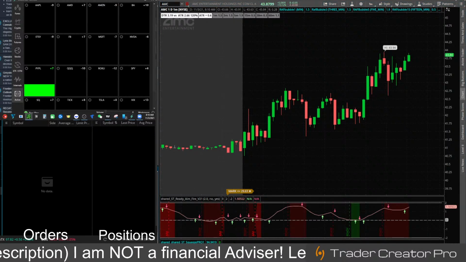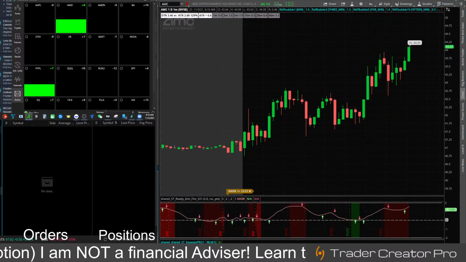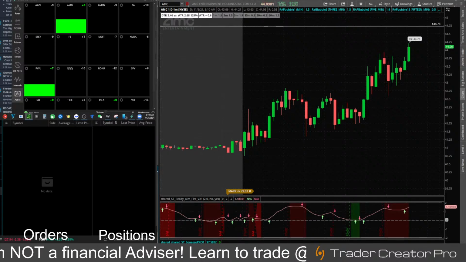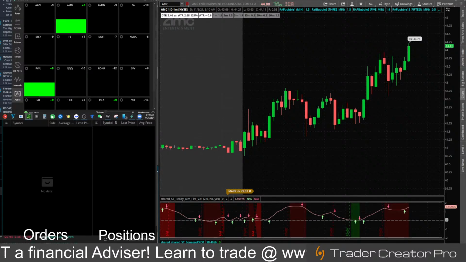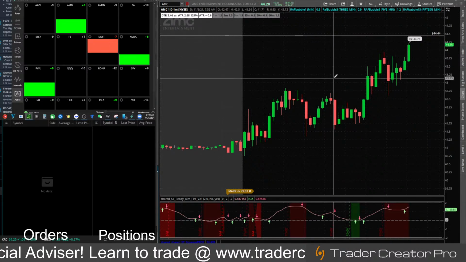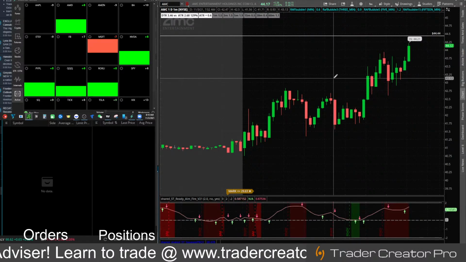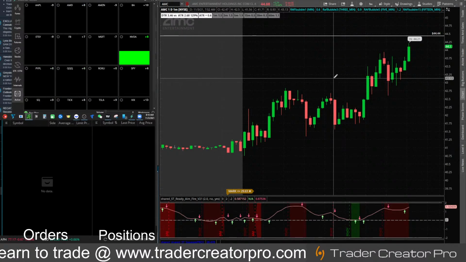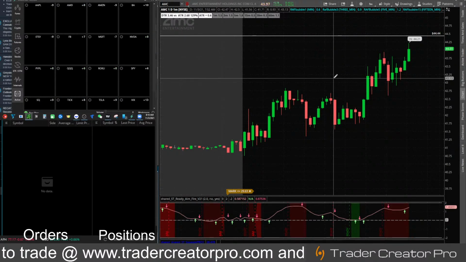We do have an area here that we got to watch out for. It's going to struggle to break over this 44.44. Nice. AMC still going.